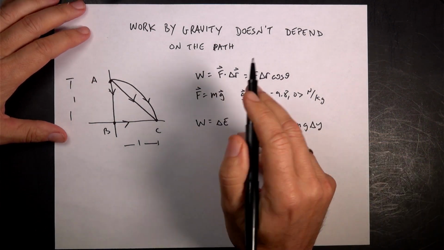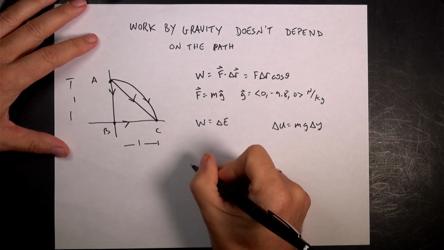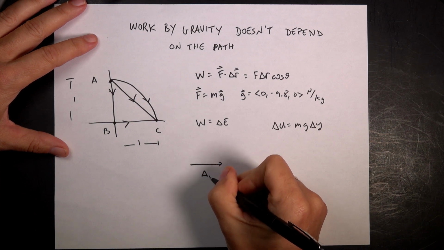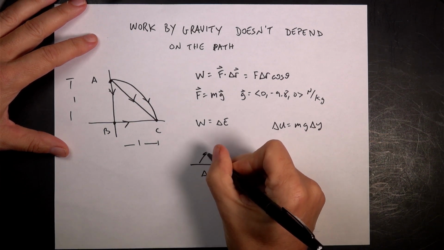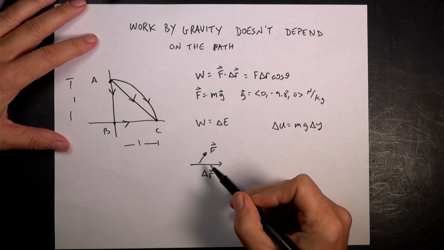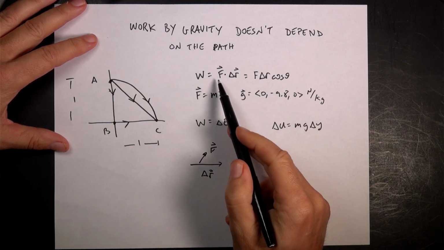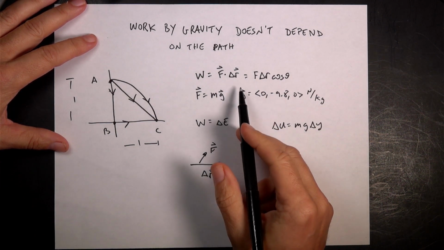We define work for, suppose I have some displacement delta R, and I have some force acting on it, F. Well, how do I calculate the work along that path? It's just F dot delta R, where this is the dot product.